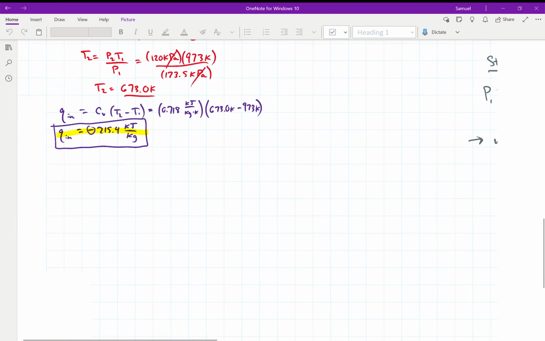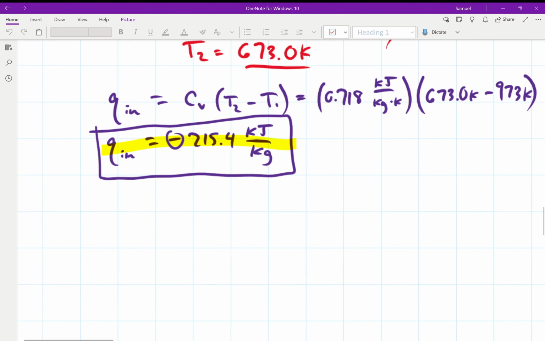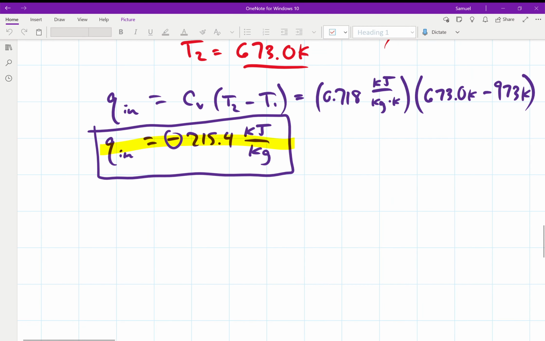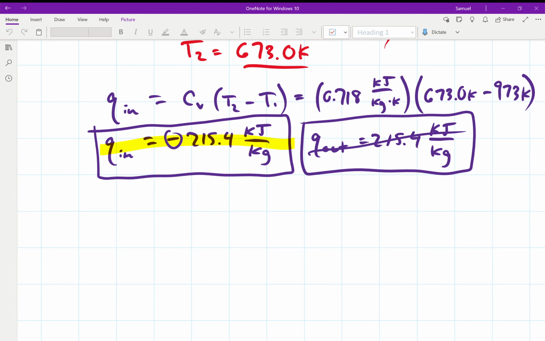Or, in other words, Q out would actually be positive 215.4 kilojoules per kilogram. Or in other words, this energy is leaving the system, or more simply put, it's cooling off. And that will be our final answer. Thank you very much for watching.